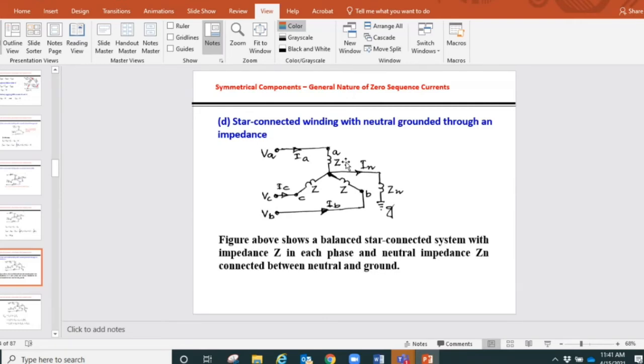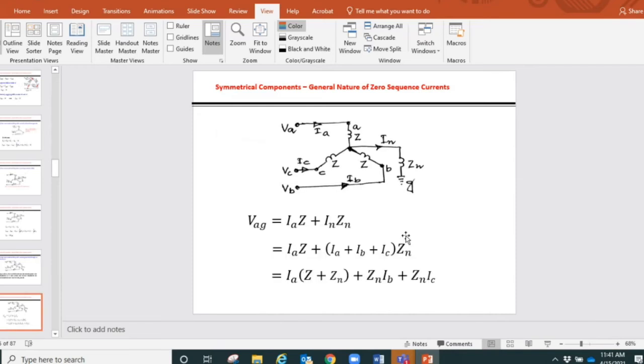So that's why I show all those respective voltages VA, VB, VC, and the phase currents IA, IB, IC flowing into the star point, or the neutral point, through the impedances of each phase, and the ground point is shown as G. From this we can write the equations of voltages and arrive at the condition. If we look at this diagram, I copied and pasted it again for us to see easily.